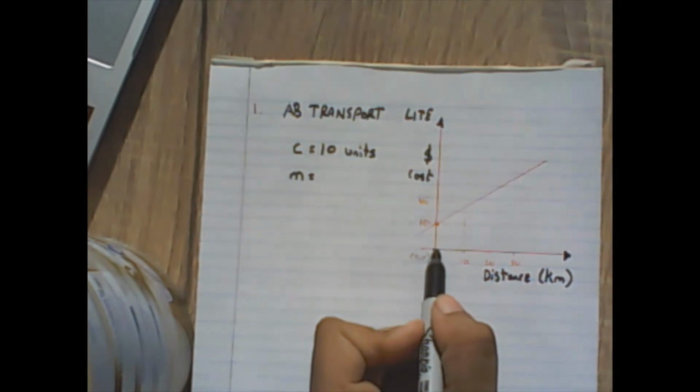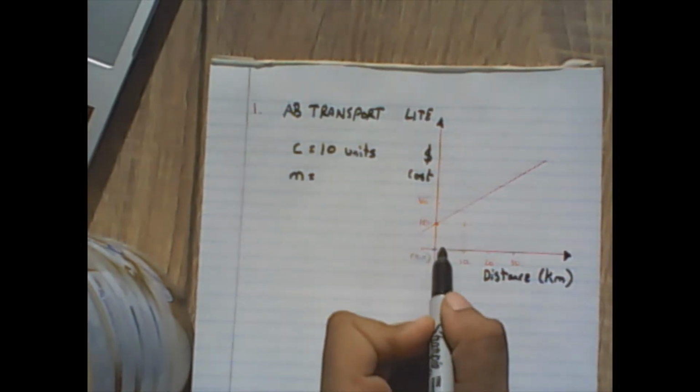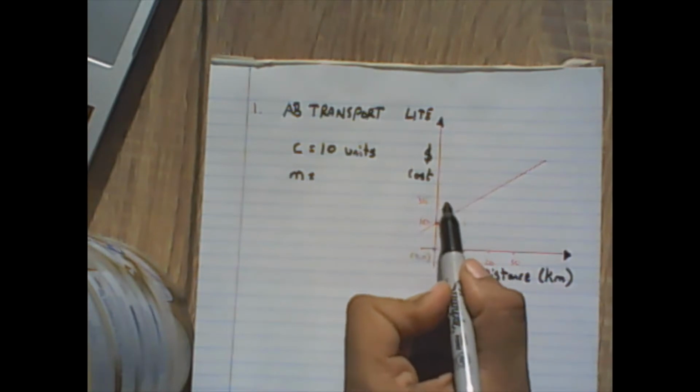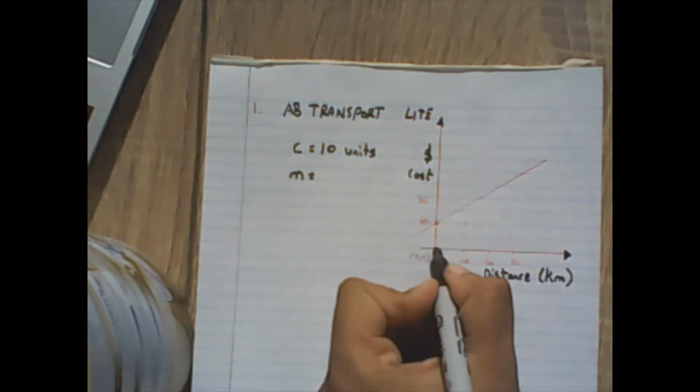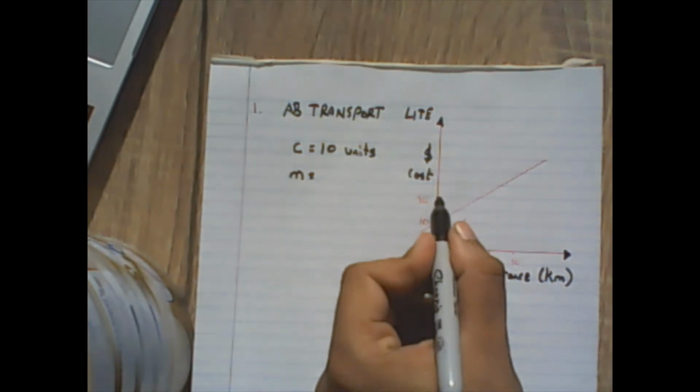When my x is between 0 and 10 kilometers, so when I move x by 10 units, my y is actually moving all the way from 10 to a point here which is 35.